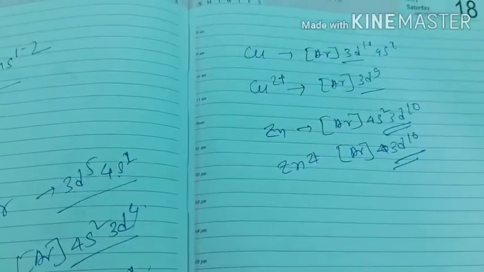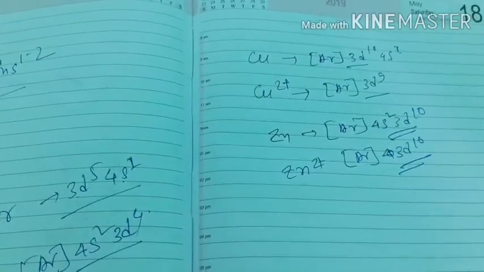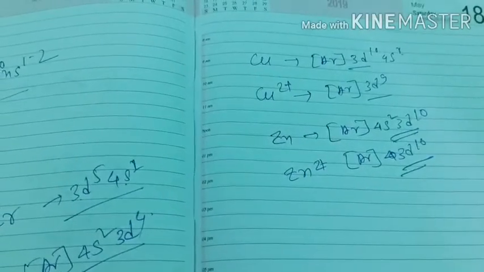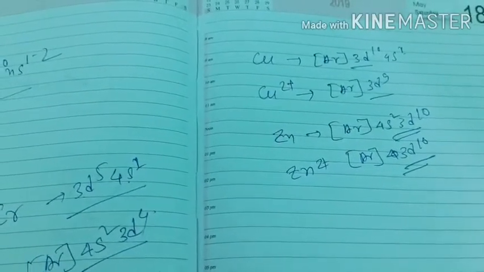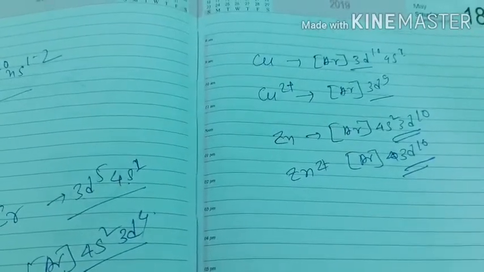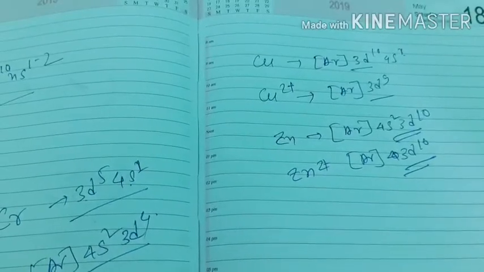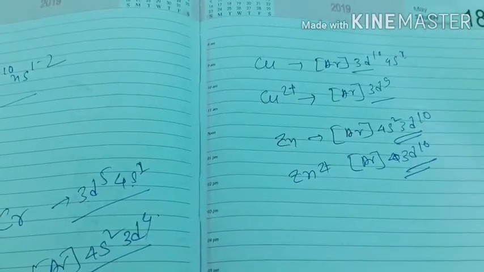Now, the general characteristics of the transition elements. Nearly all transition elements have typical metallic properties like thermal and electrical conductivity, high tensile strength, malleability, ductility, metallic luster, etc. Except mercury, which is a liquid at room temperature, all other transition elements have a typical metallic structure.